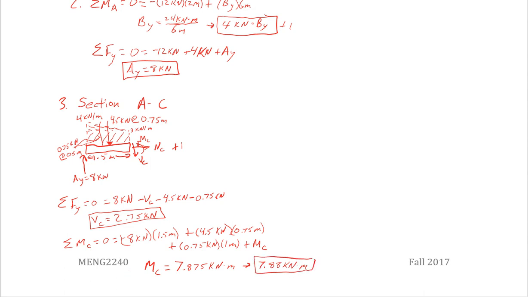And then finally, almost goes without saying, but it's required, sum of the forces in X equals 0 equals NC. So my normal force at C is 0, which you probably figured out from just looking at it. So that would be my choice if I went with section AC.